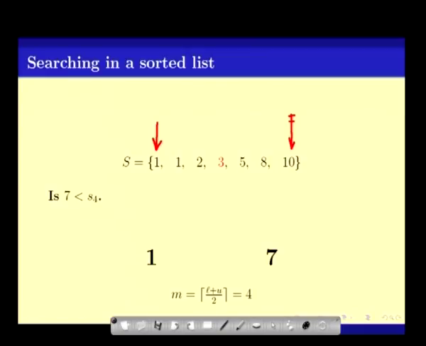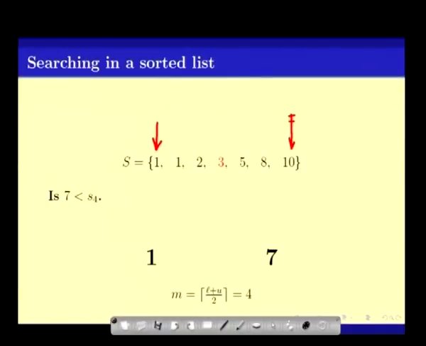If the answer is no, what do we know? We know that 7 must be greater than or equal to S4. Thus, anything less than S4, thus S1, S2, S3, is not a valid candidate for 7. So, we can literally strike off the first three things, S1, S2, S3, and then we will move this pointer here.